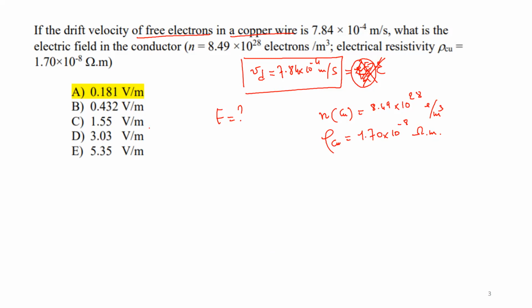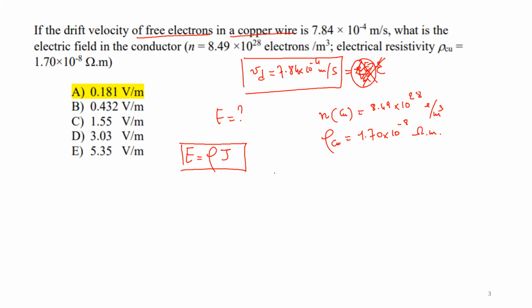So I will use Ohm's law. Look at your formula sheet: E is equal to resistivity multiplied by current density. We derived this in class, but let's derive it again.